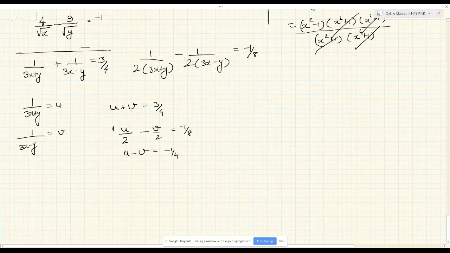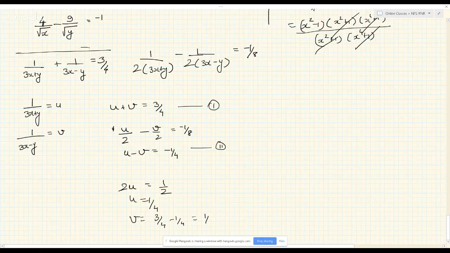So if you add these two, add 1 and 2, you will get 2u is equal to 3 by 4 minus 1 by 4, which is 2 by 4, that is 1 by 2. So u is 1 by 4. And v is 3 by 4 minus 1 by 4, which is 1 by 2.